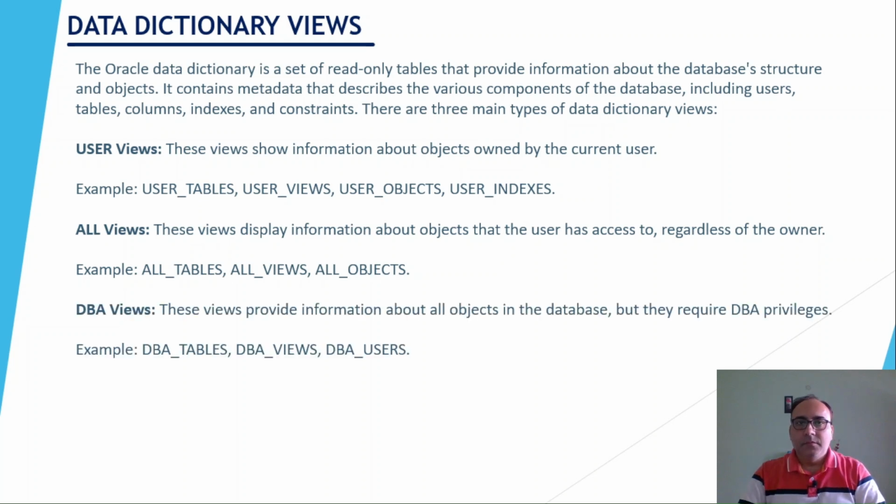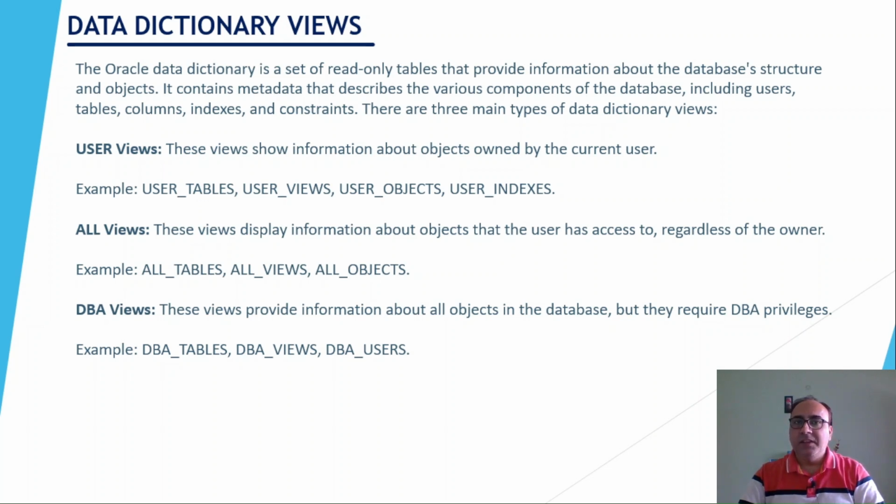Then we have DBA views. These views provide information about all the objects in the database, but for this one we will require DBA privileges. Some examples are dba_tables, dba_views, dba_users.